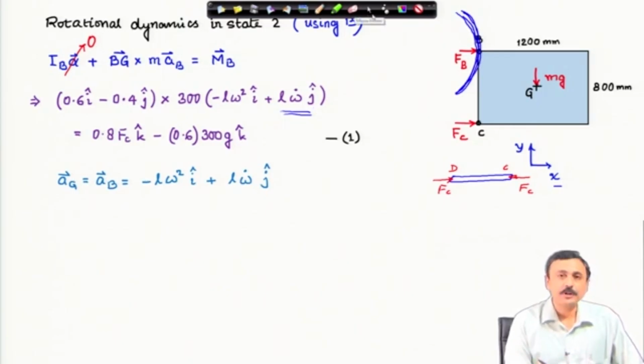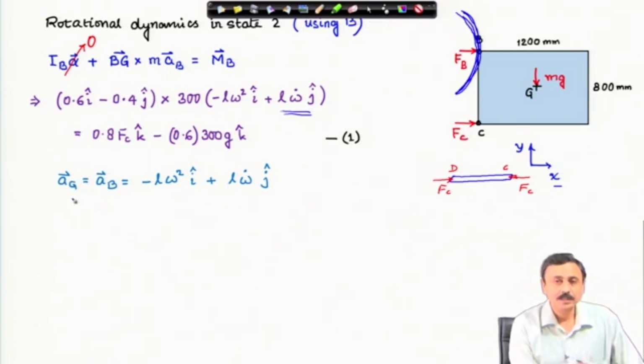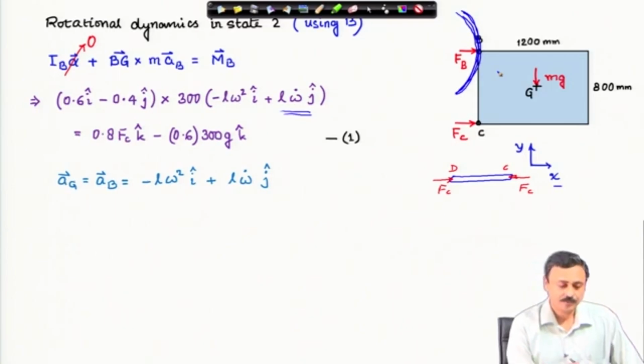Therefore, what we do is we write down the linear momentum equation, Newton's second law, for the center of mass of the plate. Therefore, we need the acceleration of the center of mass Ag, and acceleration of center of mass is same as acceleration of point B. Once again, because this body is not rotating, the angular velocity is 0, angular acceleration is 0.